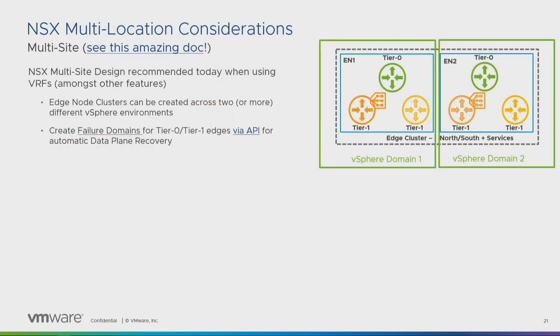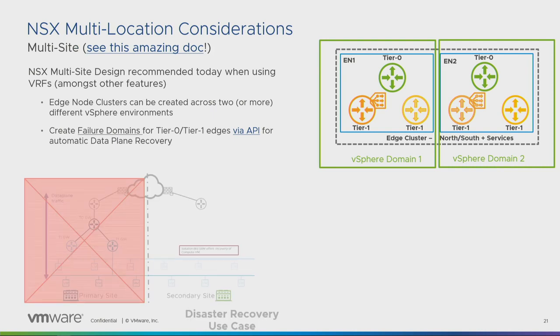And the other quick thing, because I'm running into some of Daniel's time, we have 2 ways of doing multi-site. One is the so-called multi-site design, whereby we can build one NSX domain, and we can allow the tier 0s and tier 1s to move over to the recovery side in case the active side would fail.